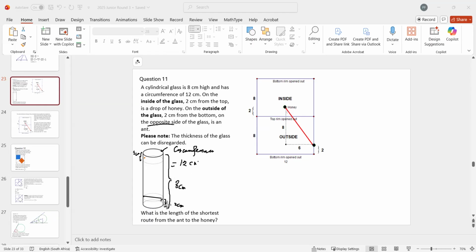So I want to somehow draw a straight line from the ant to the honey. But you can't draw a straight line on a curved surface like this. So what you do is you open up this cylinder, as if you are cutting on the side here. Cut it and open it out, and you'll get a rectangle.